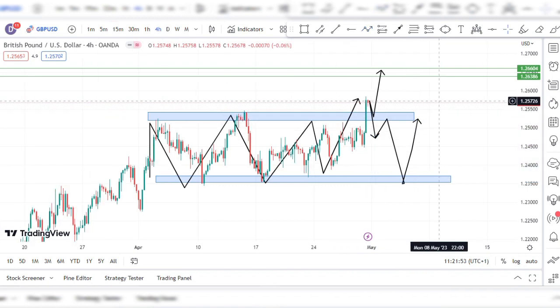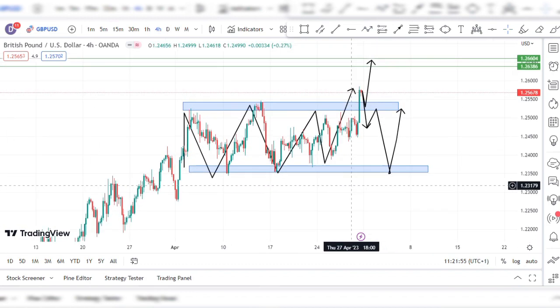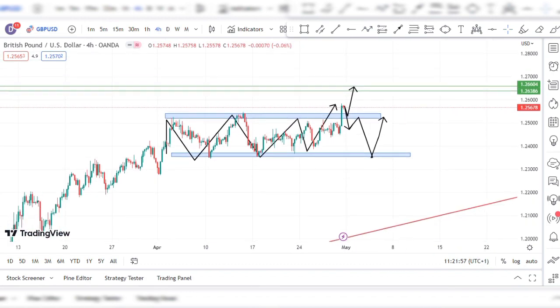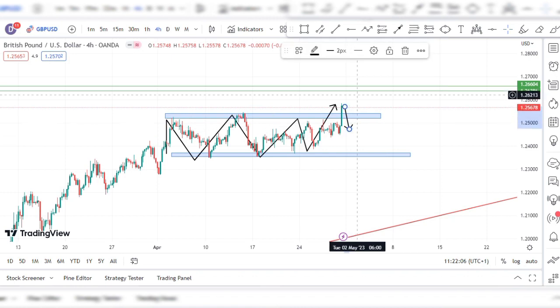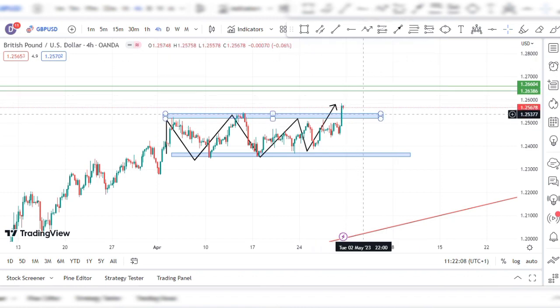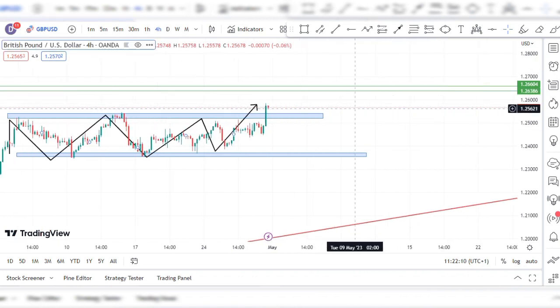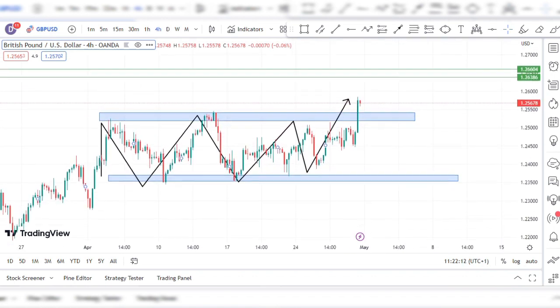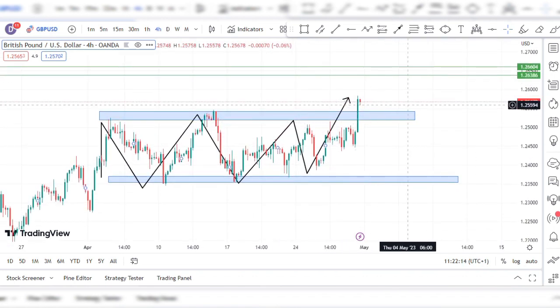Okay, so again, for GBP USD, that's what I'm looking at. As price has broken out of this range, I will be waiting for a retest of that area. I'm not going to rush and enter into the buy trade there, because for me the risk to reward ratio is not very good taking my buy trades from there.